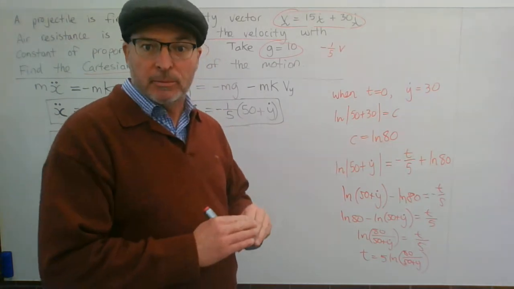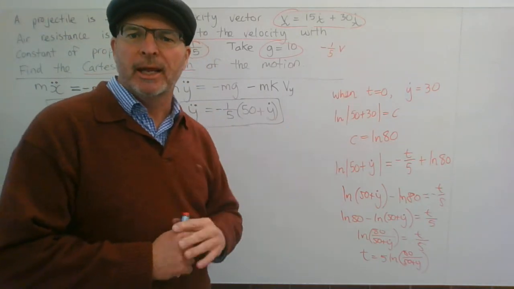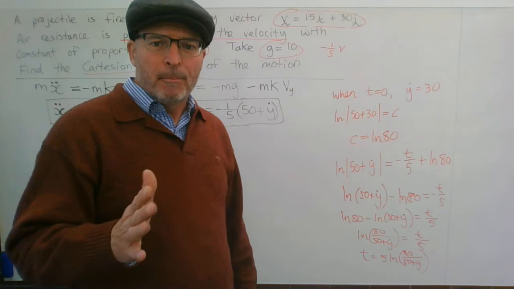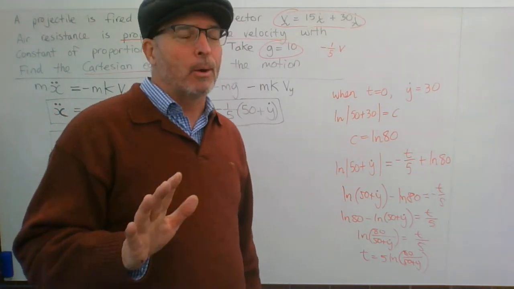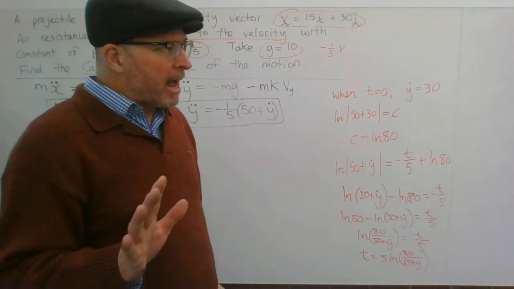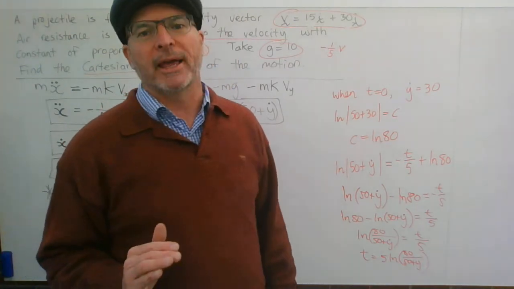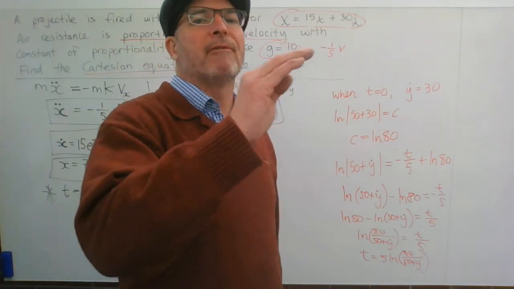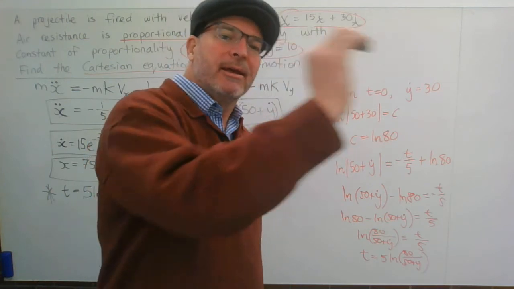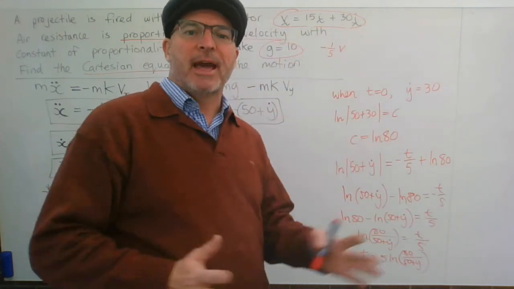Now that's going to be the case for the first half of the journey, which means I can find basically the time of flight. I'm making a bit of an intuitive assumption here: with a parabolic flight, if you get halfway there, it's going to be the same time for the other half of the flight.